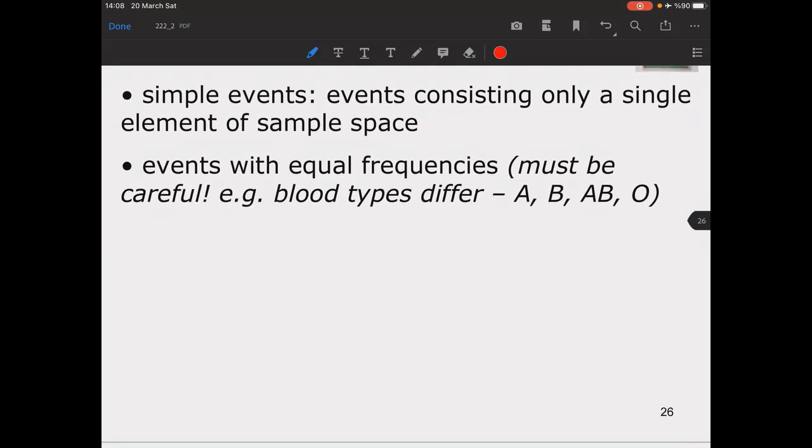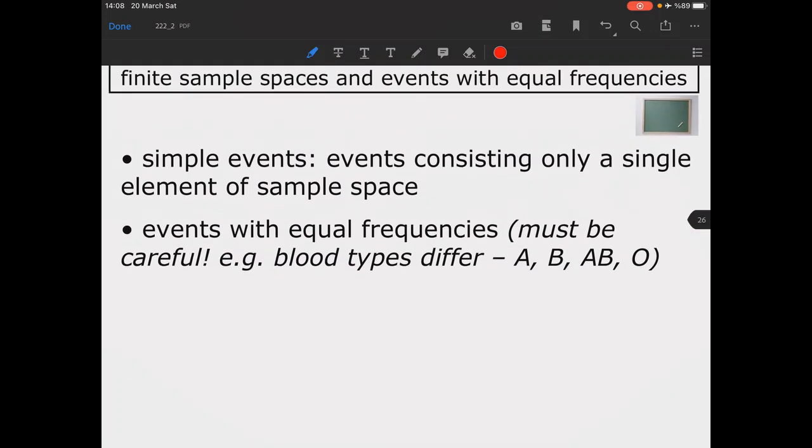When we're dealing with events with equal frequencies, we must be really careful because some of them are not like this. We cannot assume, for example, that blood types can happen with equal frequencies.